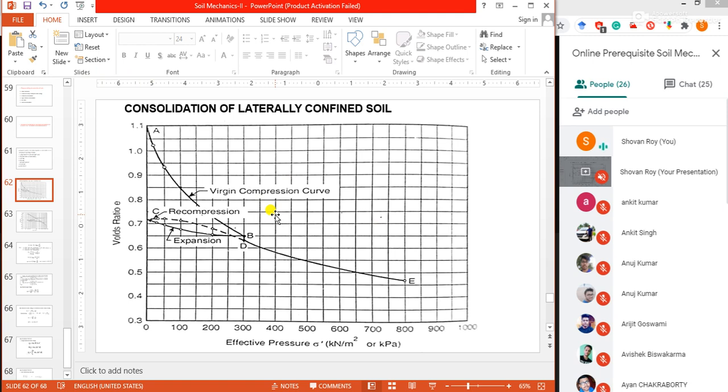So this is a simple condition, with no applying and removing of load.